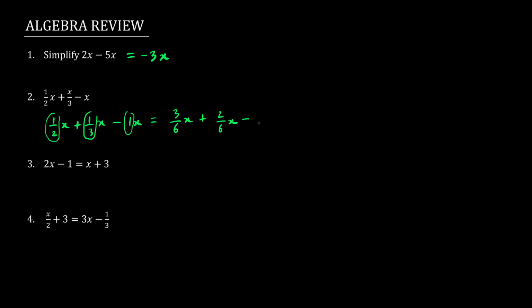And we have a minus 6 over 6x. So this is an equivalent expression. And now we're going to perform some arithmetic with 3 over 6 plus 2 over 6, which happens to be 5 over 6.